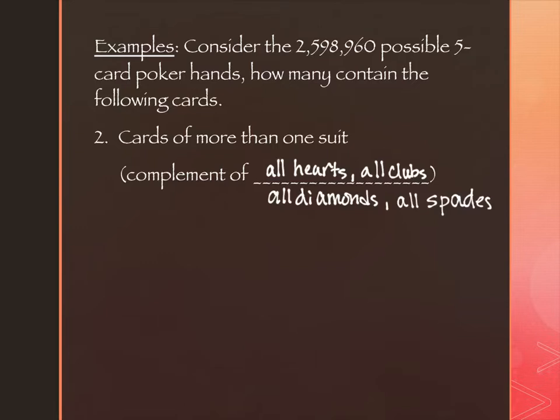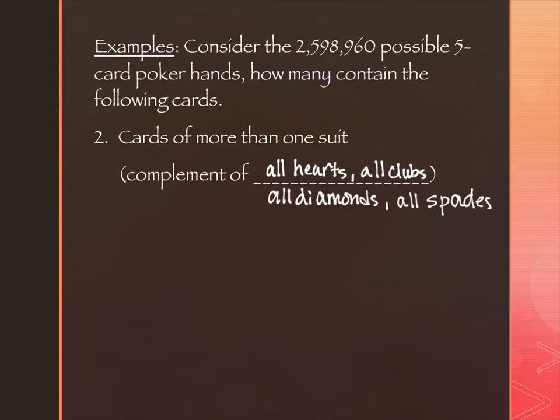Well, I know how many ways there are that I get all clubs. It's 1,287. How many ways are that I get all hearts? And spades? And diamonds. Right. Like this is a problem that's just like the last one. It's just that I have to multiply it by 4 because there's 4 different suits of those 1,287 cards that come to play.